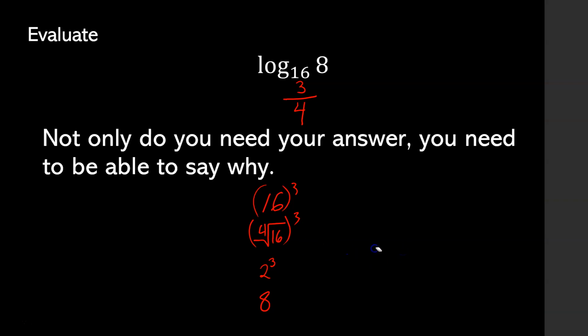Or maybe we can just rewrite this as 16 becomes 2 to the 4th. Oh, that's what I should write it as. 16 cubed, that's 2 to the 4th cubed. When you take the 4th root of 2 to the 4th power, we get 2.